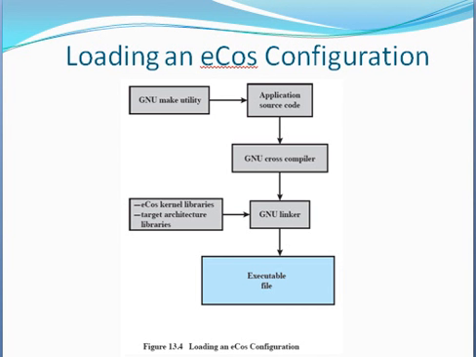At the highest software level is the application source code for the particular embedded application. This code is independent of ECOS but makes use of an Application Programming Interface, API, to sit on top of the ECOS software.